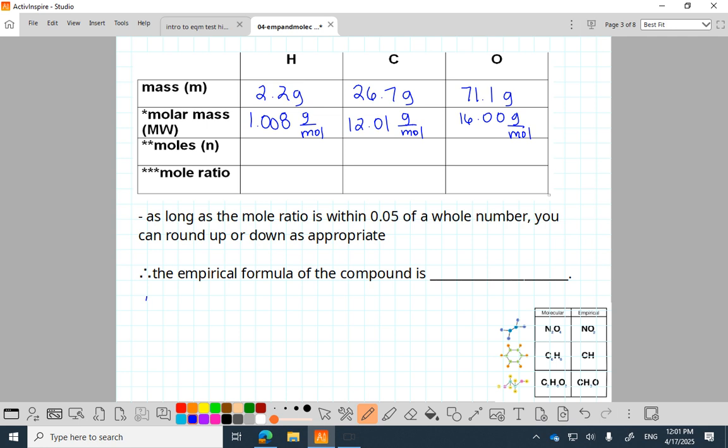Like you could write it out. Okay, you can do this, or you can just write the answer in here.